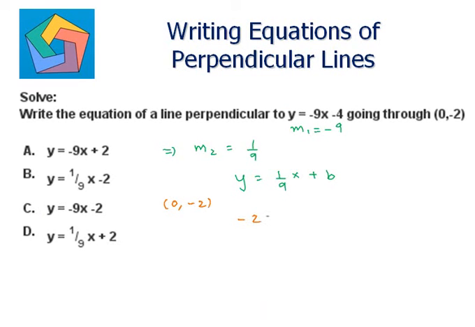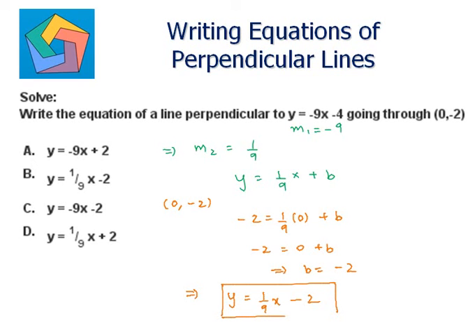So -2 is equal to 1/9 times 0 plus b. -2 is equal to 0 plus b, or we can say b is -2. So this implies y is equal to 1/9 x minus 2. So y equals 1/9 x - 2 is the line perpendicular to y equals -9x - 4 going through (0, -2). And we can see this is the answer in the B part.